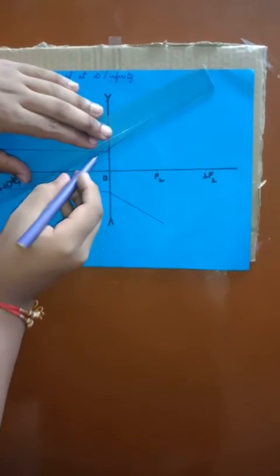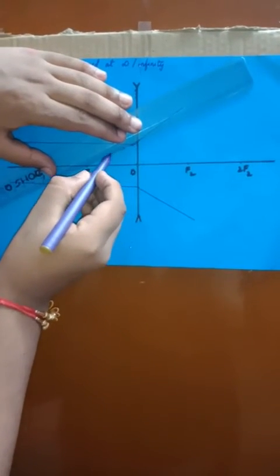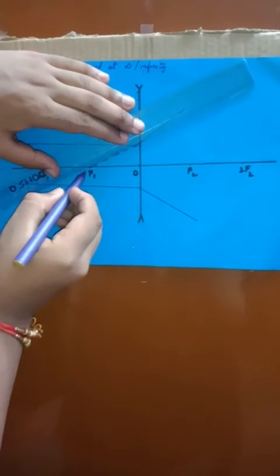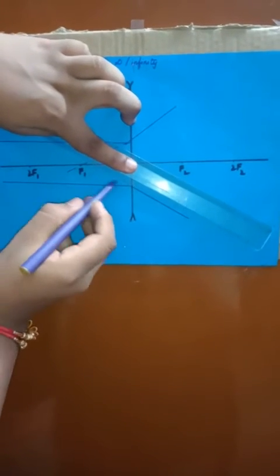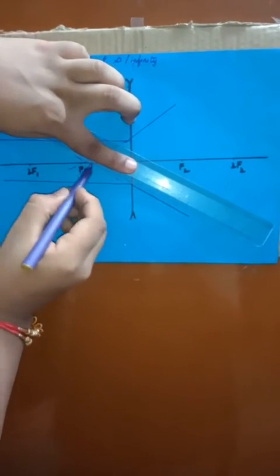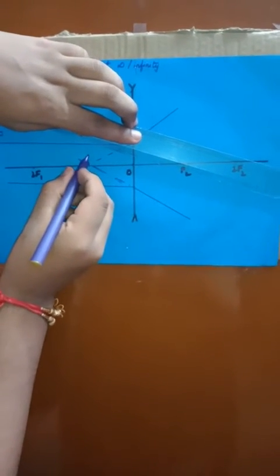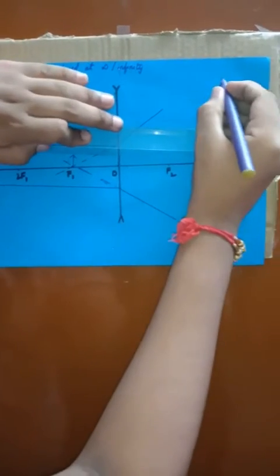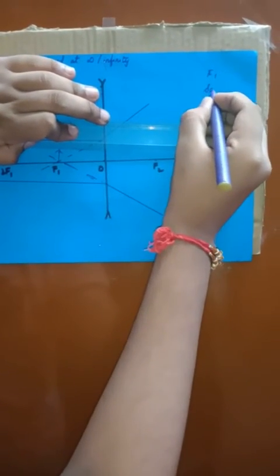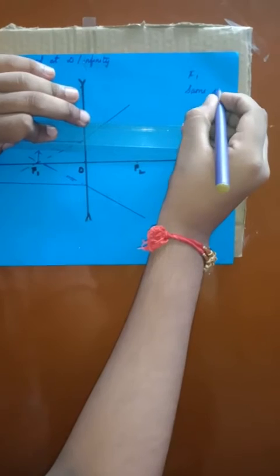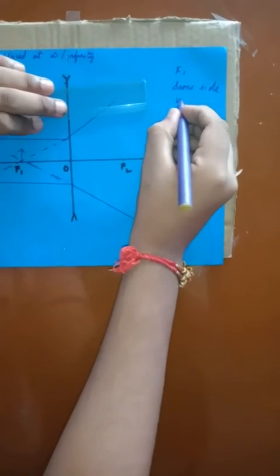So let us extend it backwards. It would actually meet at F1, that is on the same side of the lens. It is a virtual and erect image.